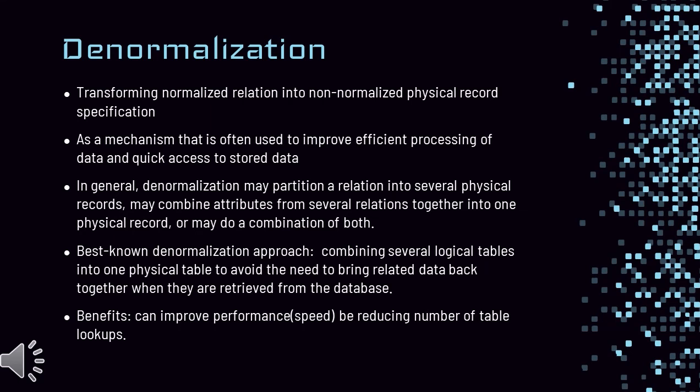Further, denormalization optimizes certain data processing at the expense of other data processing. So if the frequencies of different processing activities change, the benefit of the denormalization may no longer exist.